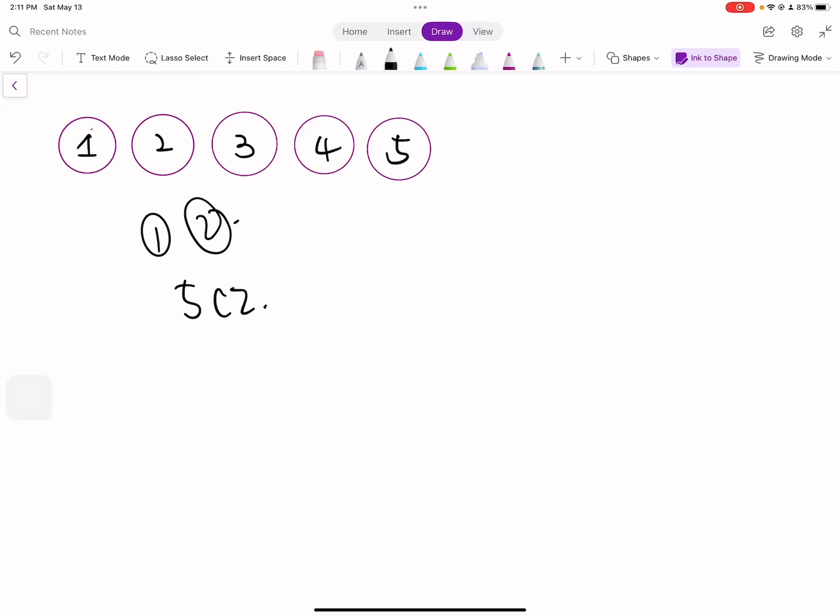The formula is nCr equals n factorial over r factorial times (n minus r) factorial. So that's our formula for combination in general.